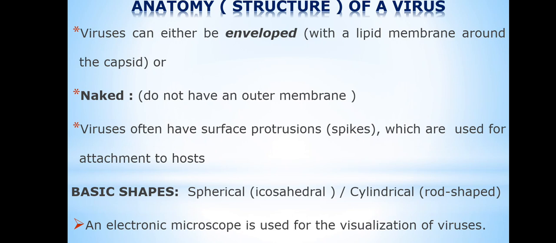So what have we talked about on this particular slide? We introduced the anatomy of a virus. How does a virus look? What is its structure? We've said that a virus can either be enveloped, which simply means it is enclosed or protected in a lipid membrane protecting the capsid. And then we've also said that this virus can be naked, which simply means that lipid membrane is not there.